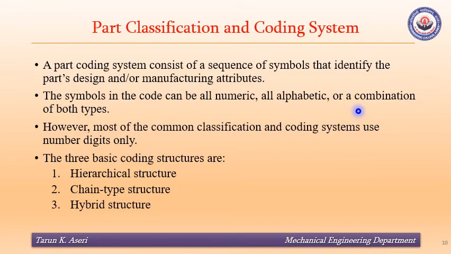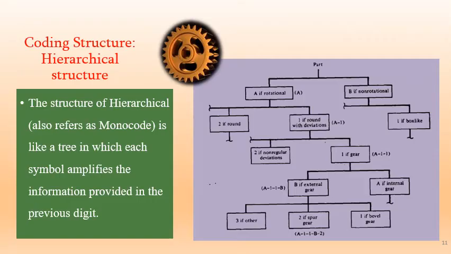However, the most common classification code uses number digits only. There are three basic code structures: first is hierarchical, second is chain type, and third is the hybrid of hierarchical and chain type. The hybrid collects the benefits of these two and prepares a new one. Therefore this one is more pronounced in manufacturing companies.